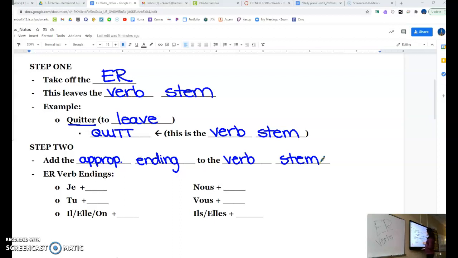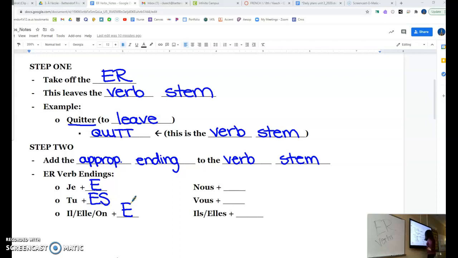If you are trying to say, I leave, you're going to take the ER off of quitter and you're going to add an E. If you are trying to say you leave, you take the ER off and you add ES. If you're trying to say he or she leaves, you take the ER off and you add an E. Also known as you just take the R off.